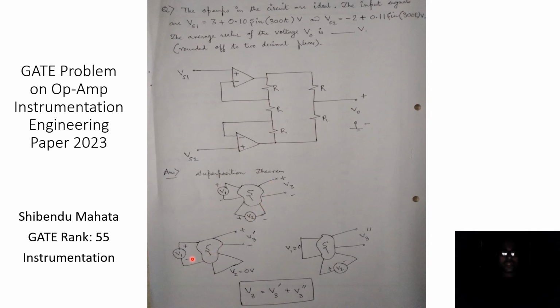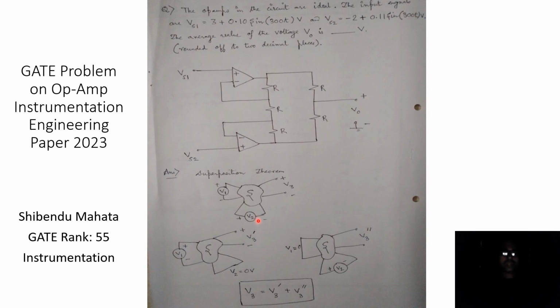You allow only one source to be present in the circuit and deactivate all the others. With the first one, we apply V1 and deactivate V2. With a voltage source, deactivating means you make it 0 volts. Then find the voltage across the output terminal and call it V3'. Similarly, repeat it for all the other instances.